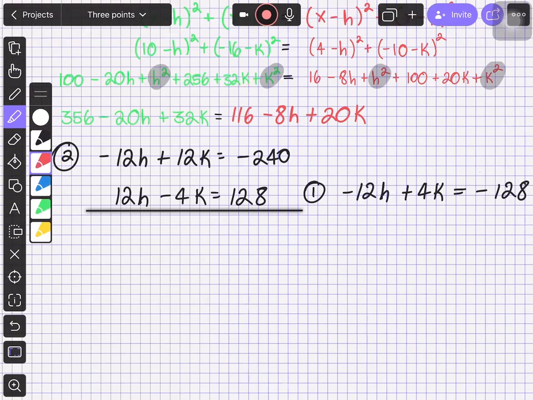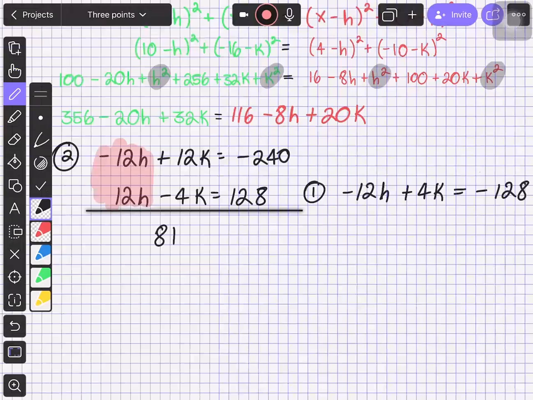This will get canceled, and 12 minus 4 is 8k. Give me one second. 240 minus 128, no, wait, getting lazy with the calculator, 112. So negative 112. So k will be negative 14.